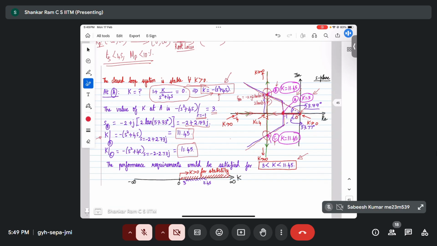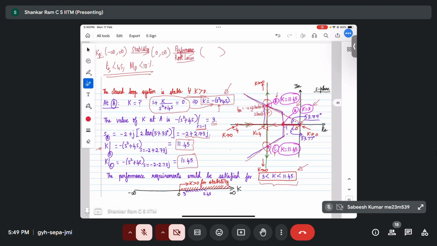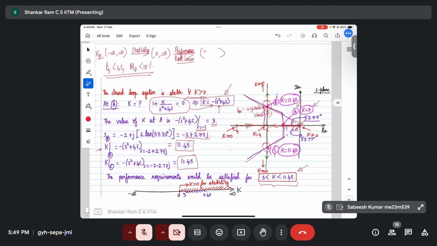And that happens only when K is greater than 3 but less than 11.45. So through this analysis we have reduced the potential region of K or KP, which we would otherwise need to fine tune from -infinity to +infinity.